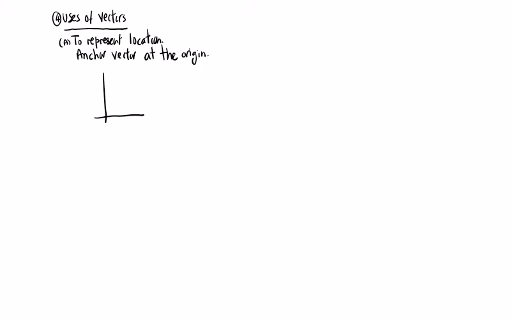So for example, if I have a red dot right here, then I can represent that using a vector. If this is the vector A, then I could say A is the position of the red dot. And that only makes sense if I anchor it at the origin.